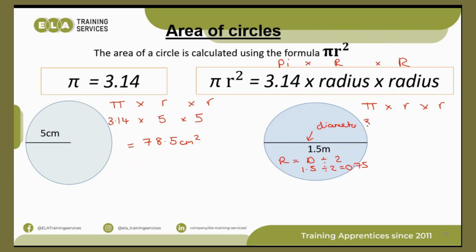So now we can add in our numbers, 3.14 times 0.75 times 0.75, which then gives us an area of 1.77 metres squared.